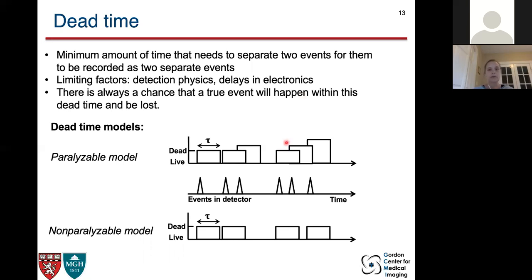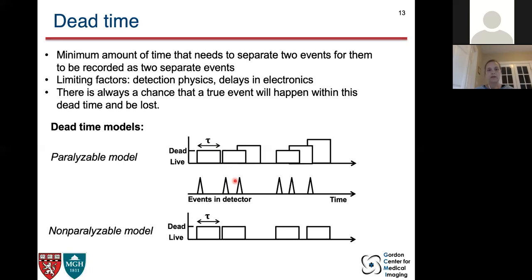If we look at this, we have the parallelizable model and the non-parallelizable model. In the middle here, we see events in our detector. We have 6 events. For the parallelizable response, for the first event, this is the time when the detector will be dead. This is the dead time tau. After this time has passed, the detector will be live again and ready for a second event.